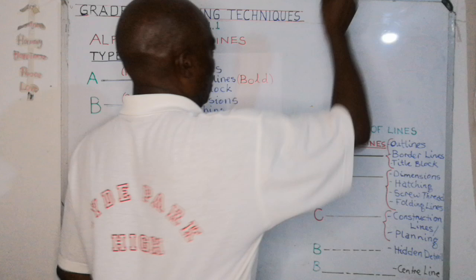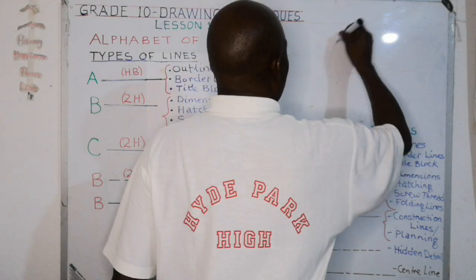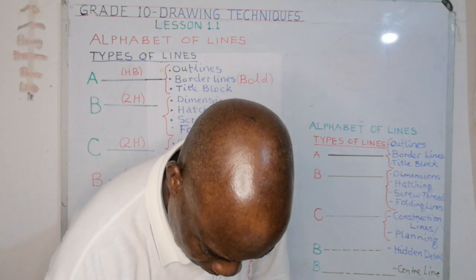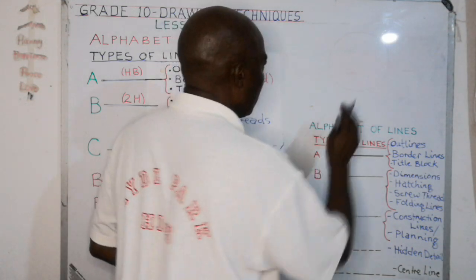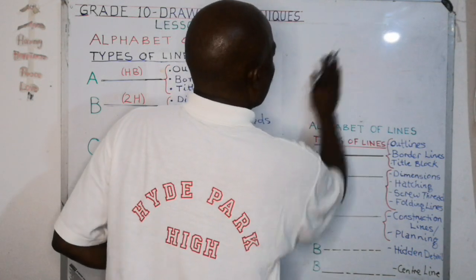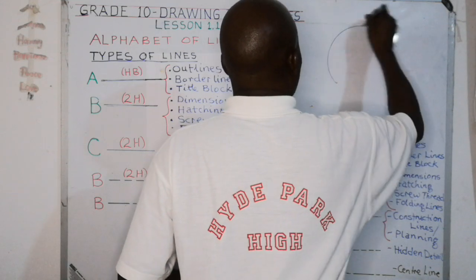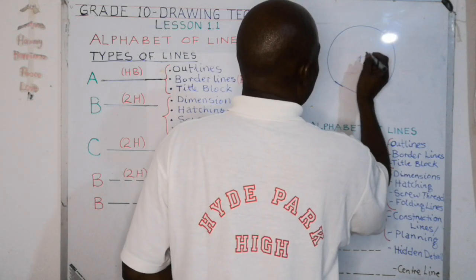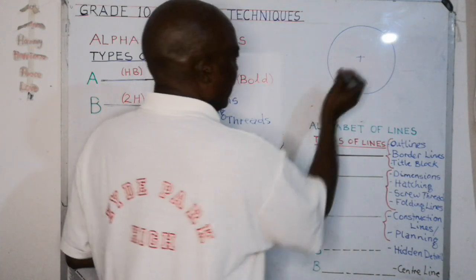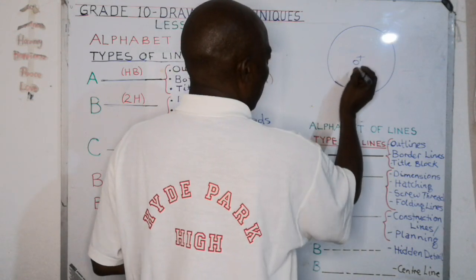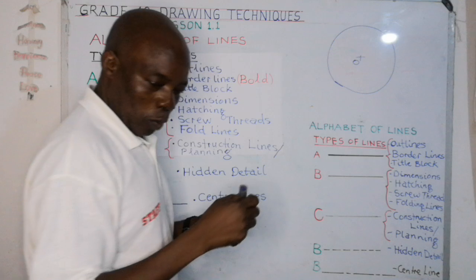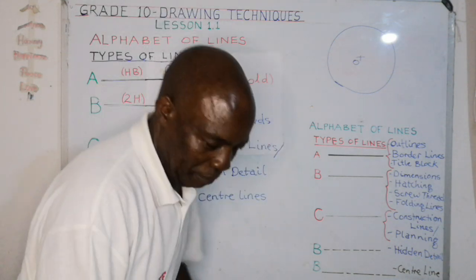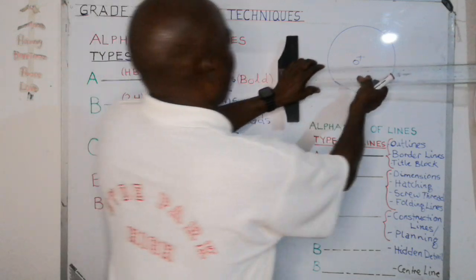I will not waste time to use drawing instruments. So that's the center for the circle. Okay, center O. Well, center for a circle is always labeled O. And then the center lines are these.